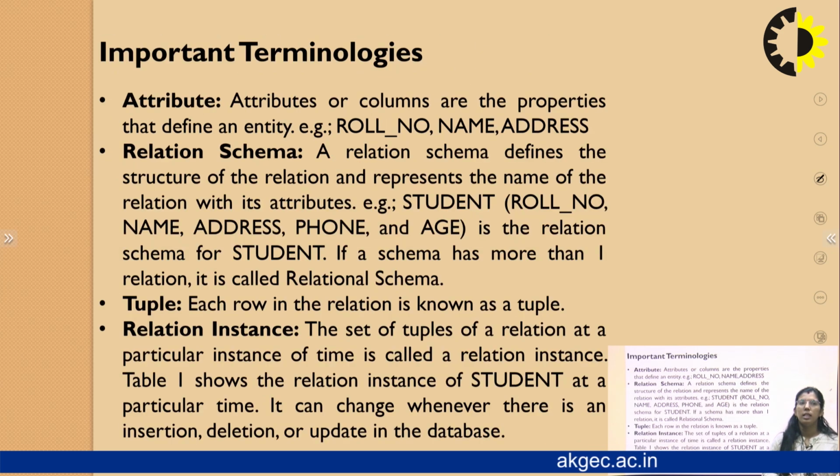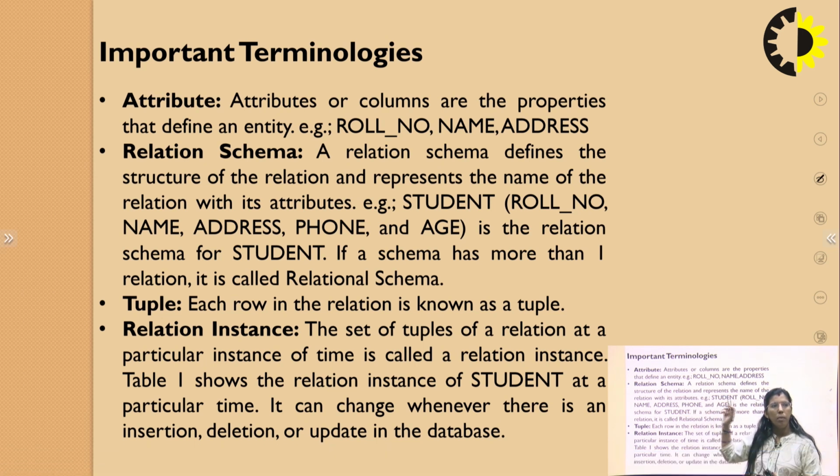Next is relation schema. A relation schema defines the structure of the relation and represents the name of the relation with its attributes. In the previous example, we have a relation student, and the student relation contains all these attributes: roll number, name, address, phone, and age.